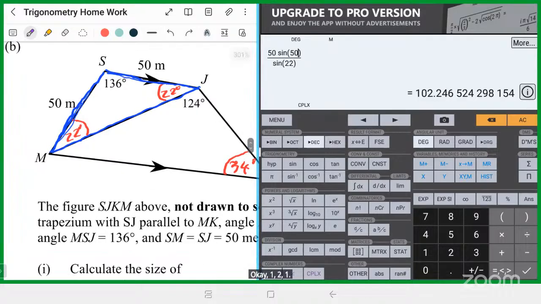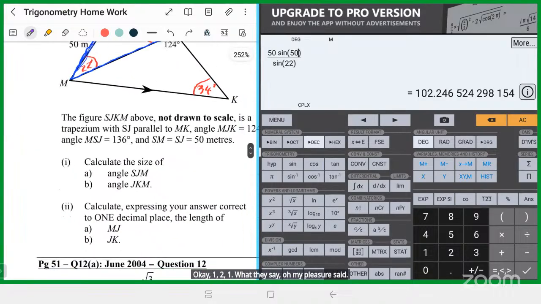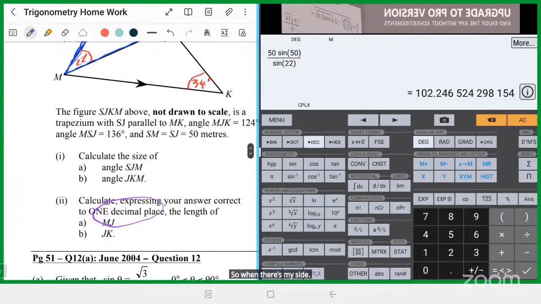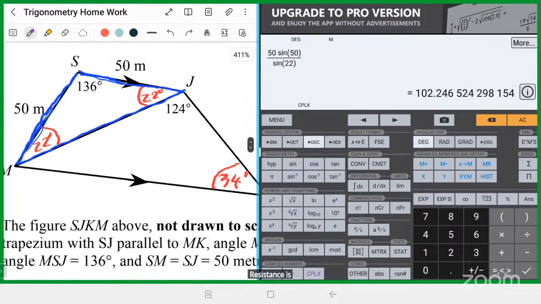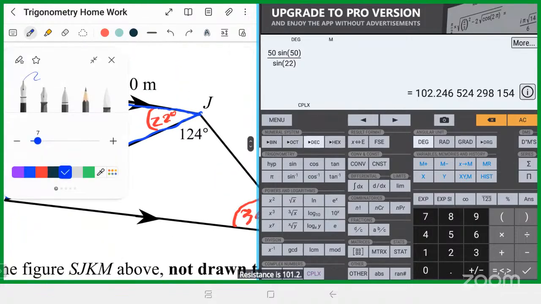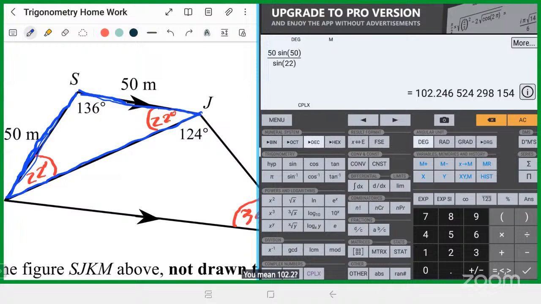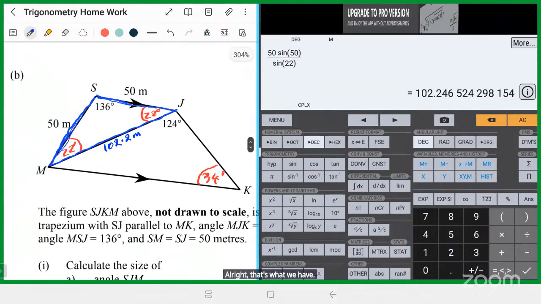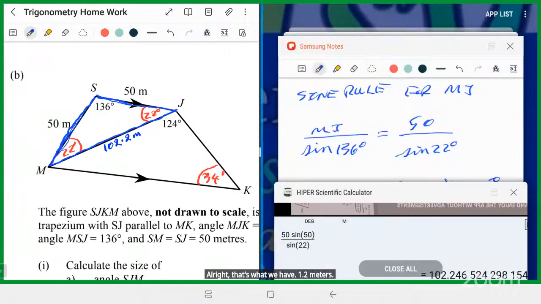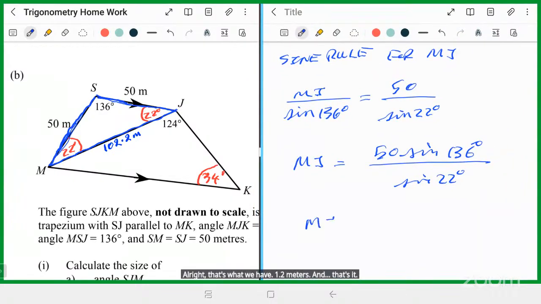Now, to one decimal place, it's 101.2. So this distance is 101.2, rounding to 102.2 meters. All right, that's what we have, 102.2 meters. And that's it. MG is 102.2 meters.